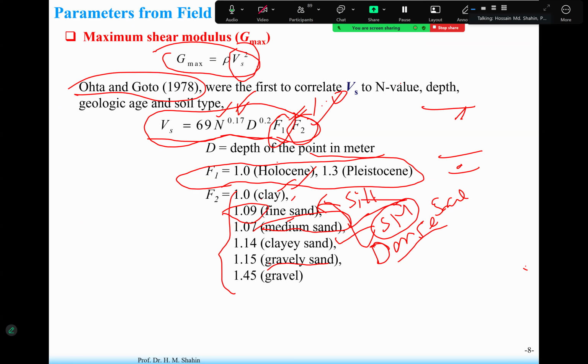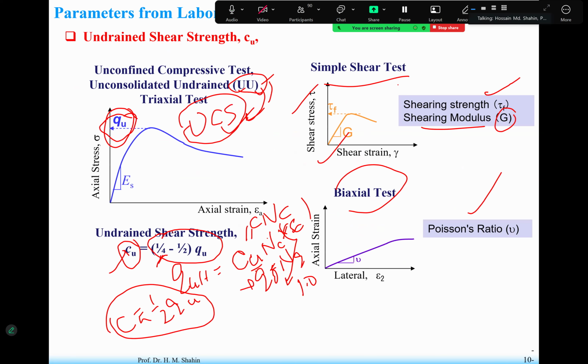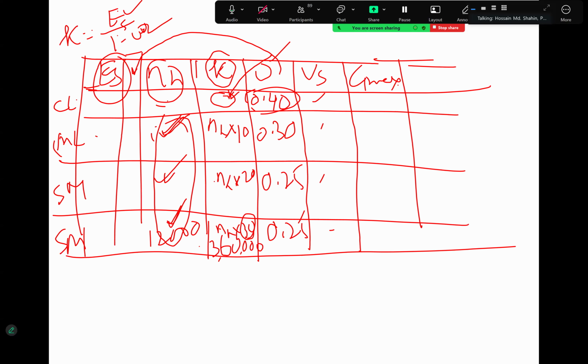Okay, G max equals rho V S square. So what is the rho that you will use? Rho, as you know, gamma dash. Gamma dash you consider 8.